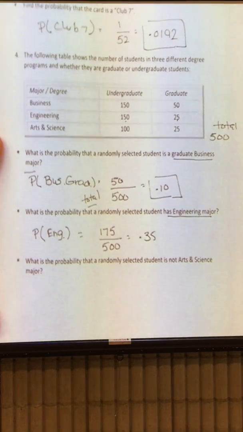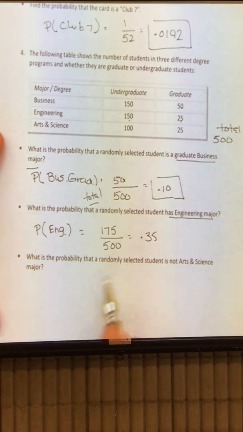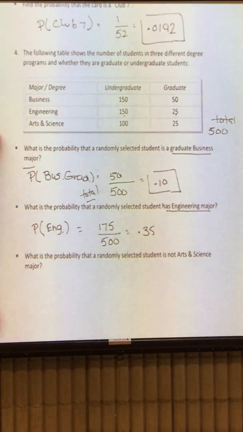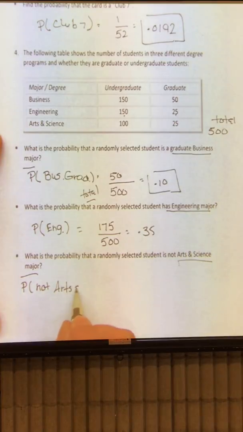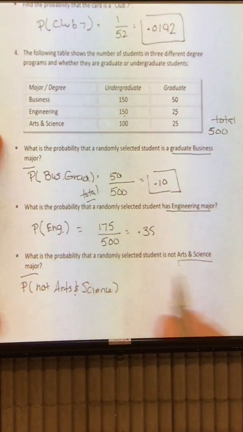And the last problem, what is the probability that a randomly selected student is not an arts and science major? So the probability that the student is not arts and science, you want to calculate 1 minus the probability of arts and science.